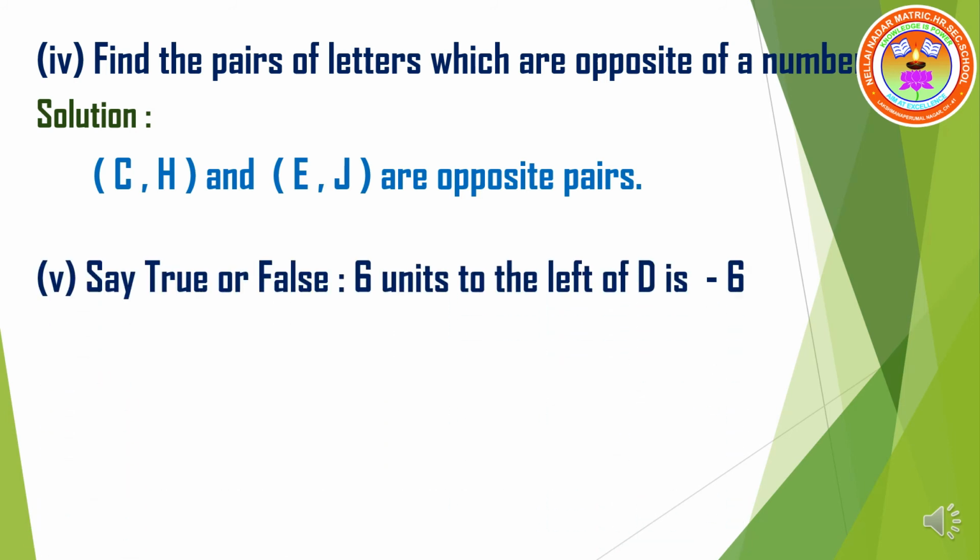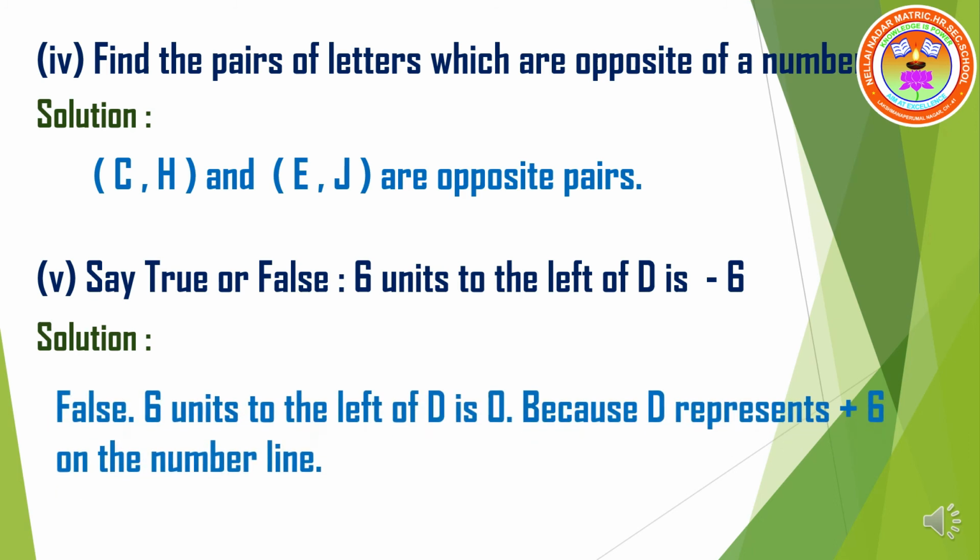Next one, fifth subdivision, say true or false. 6 units to the left of D is -6. So we have to say whether this statement is true or not. False. 6 units to the left of D is 0 because D represents +6 on the number line.